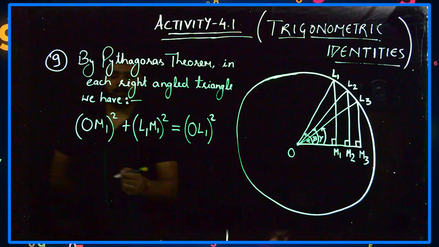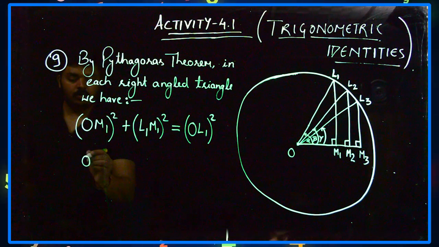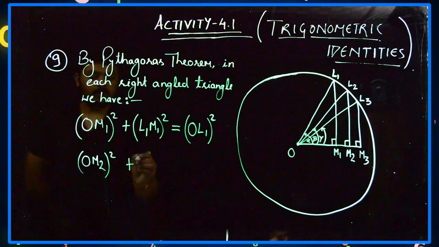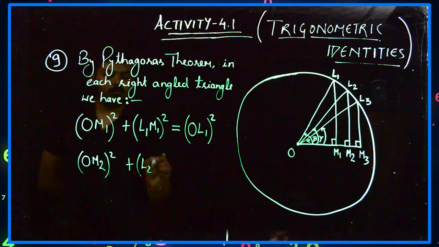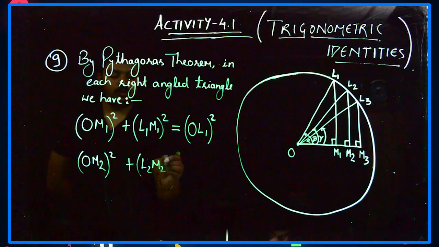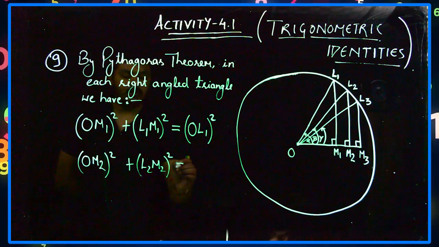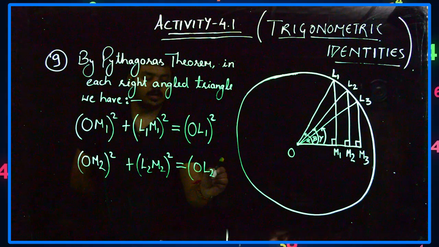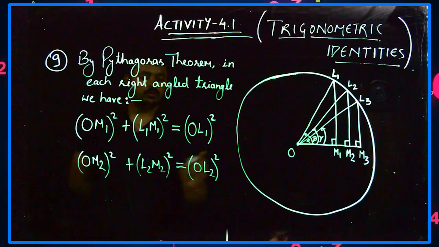Similarly, for the other two triangles, OM2 square plus L2 M2 square is equal to OL2 square.